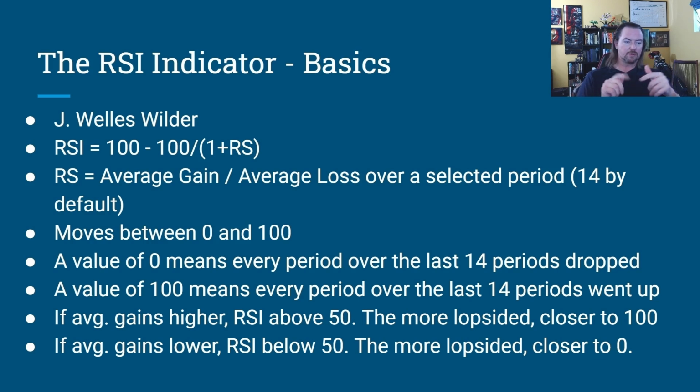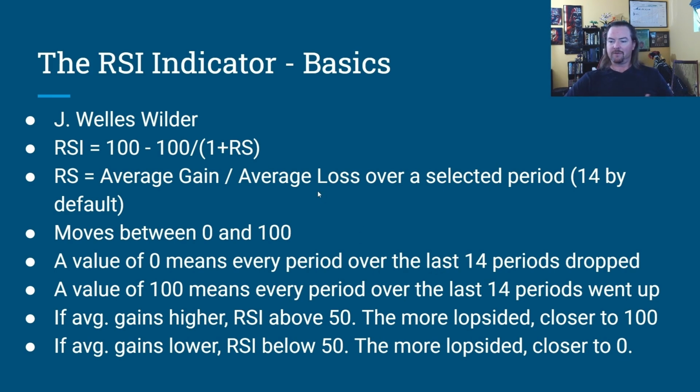The indicator moves between 0 and 100. It will not go below 0 or above 100. A value of 0, extremely rare, means every period over the last 14 periods was a loss. The formula is calculating gains, close to close, adding them all up, and then average losses, close to close, adding those up, and dividing them.